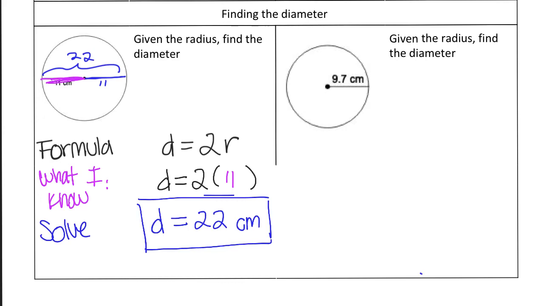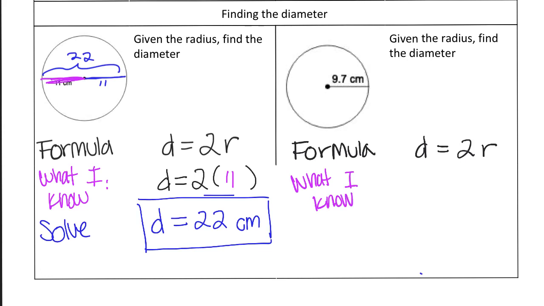Okay, one more example. Start with my formula. The diameter is equal to 2 times the radius. Fill in what you know. I'm looking for the diameter, so I'm going to leave that. 2 times. My radius up here is 9.7.